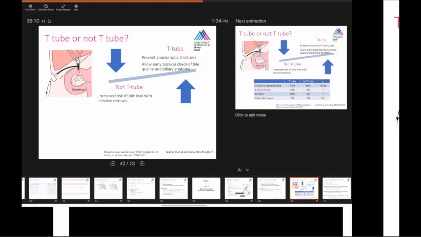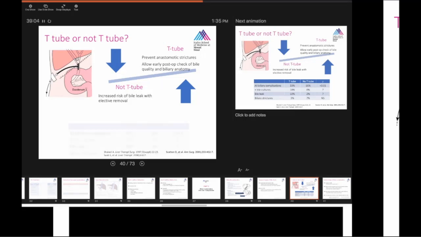On the other hand, those who are not in favor of T-tube cite an increased risk of bile leak. So the T-tube doesn't stay there forever. At some point, it needs to be pulled. And when you pull it, then there's the possibility of a bile leak. And so that's why some people don't like it.